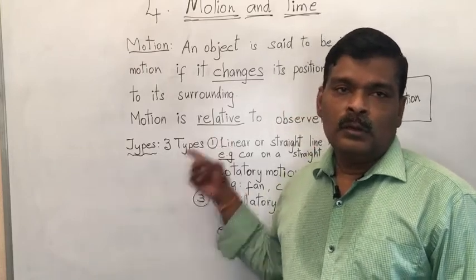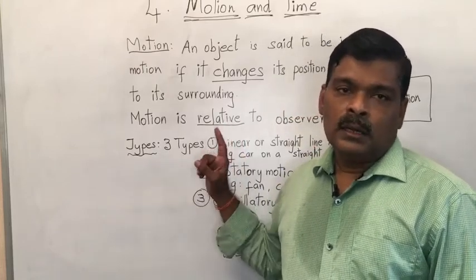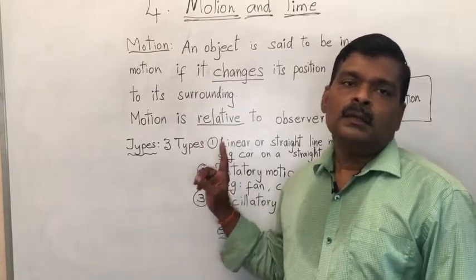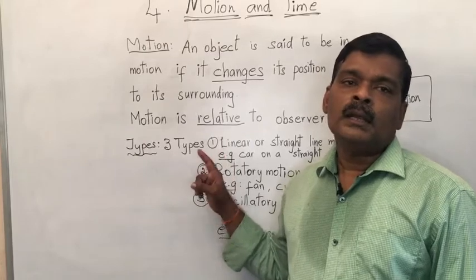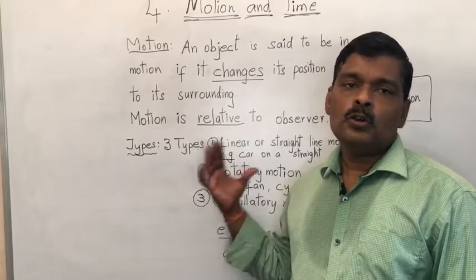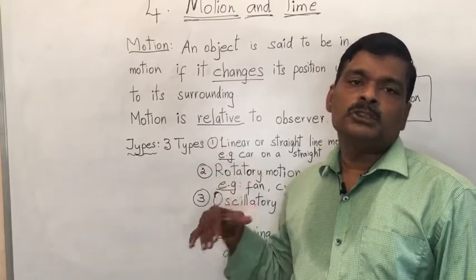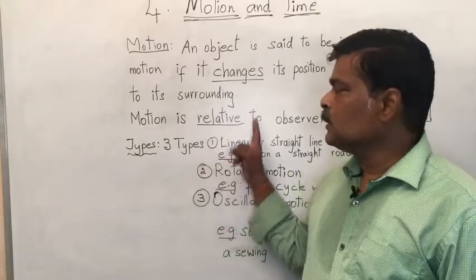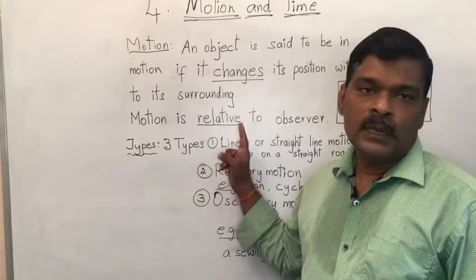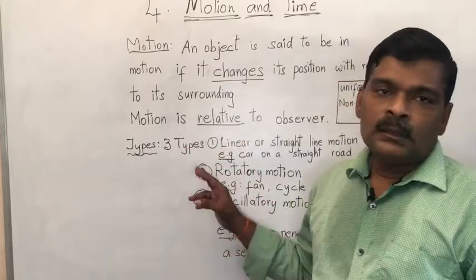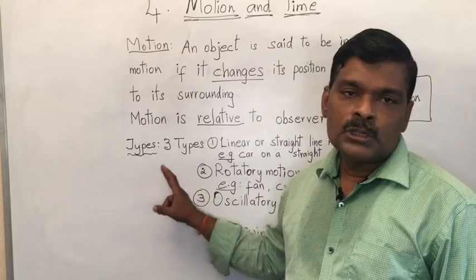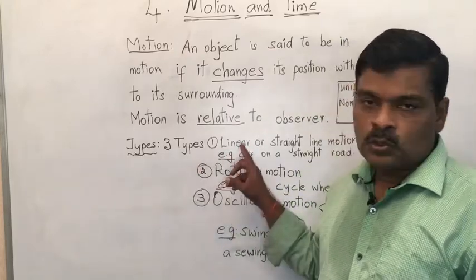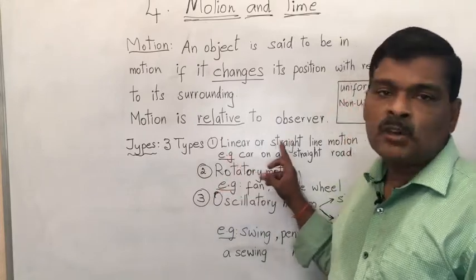The car moved, passengers moved, the driver also moved, but for the driver there is no motion; they are all at rest, because their position is not changed. So this situation is called relative motion. Next, three types of motions are explained in our lesson. What are the three types? First one is linear or straight line motion.